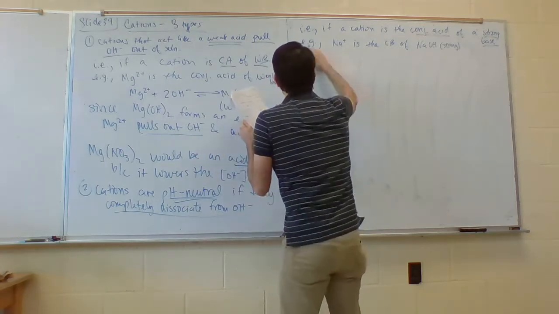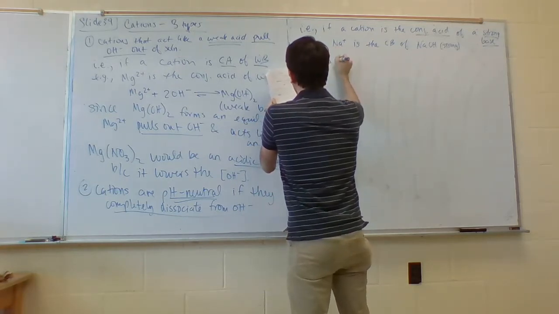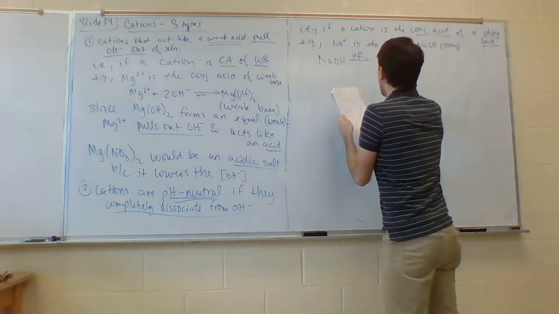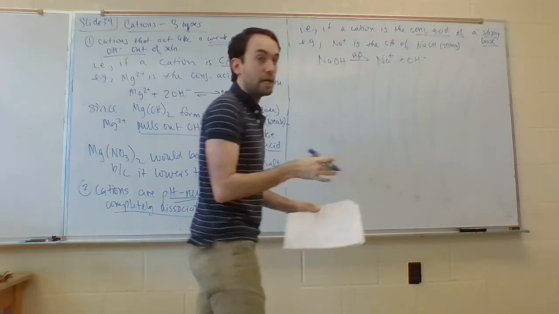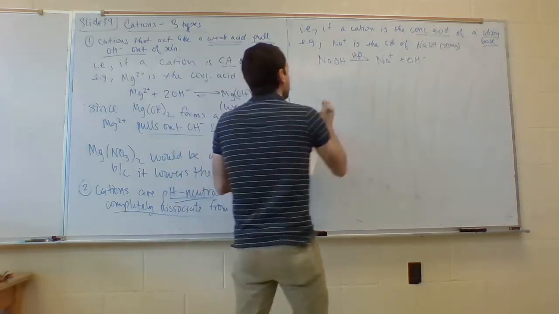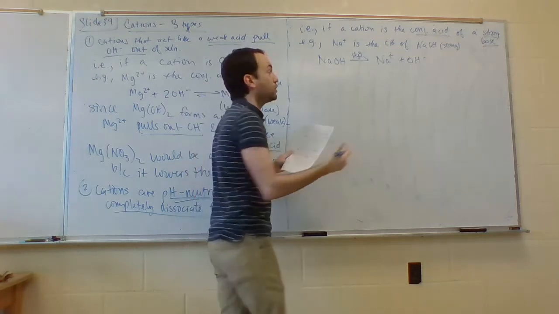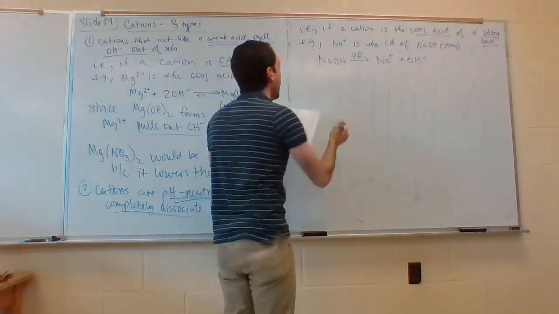And that means that if I take sodium hydroxide and add it into water, I will get sodium plus and hydroxide ion every time. So that means that sodium is not going to be able to pull out my OH, because as soon as it does, it's just going to split back up into its respective ions.